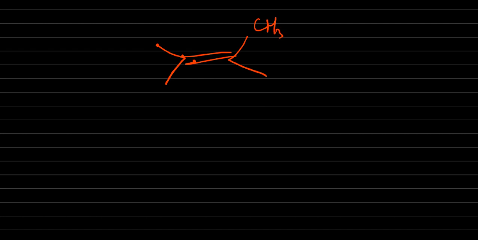Methyl, ethyl, CH3 and CH3 are not there. C3H7, then hydrogen. So here carbon is there, so obviously it is the first preference, it is the second preference. So here only one carbon is there, here two carbons are there.